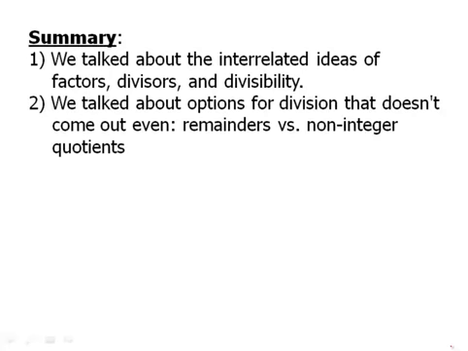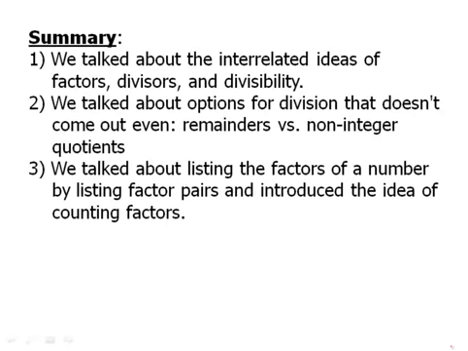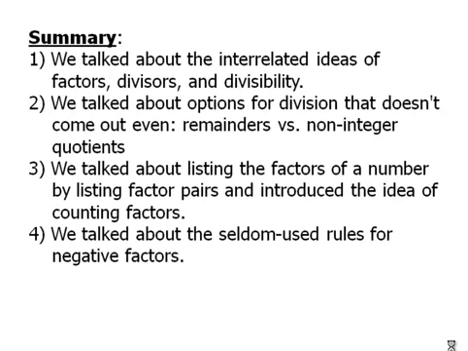The information about remainders, that's coming in an upcoming module. We talked about listing the factors of the number by listing factor pairs and introduced the idea of counting factors. Again, that's something we're going to go into greater depth in a future video in this module. And finally, we talked about the seldom used rules for negative factors. Probably something you don't need to know at all, but we just mentioned it.